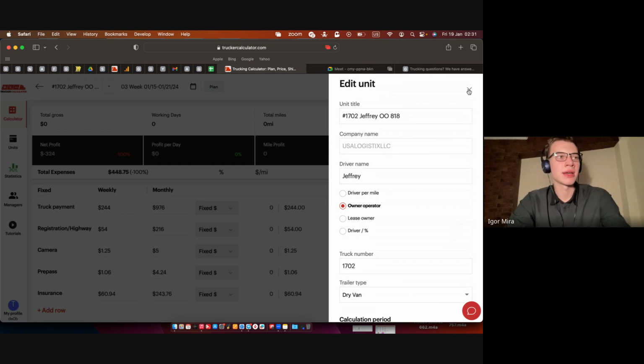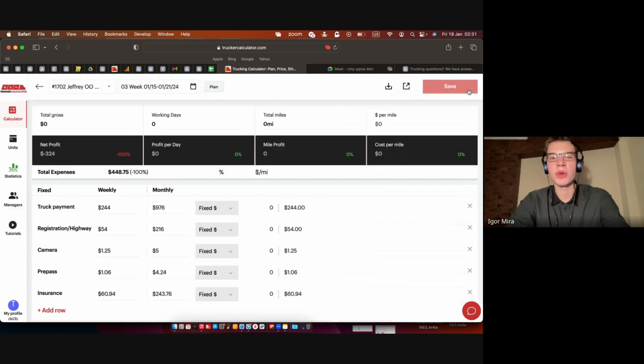That's simply because when you do weekly calculations, you can spot mistakes in your financial operations earlier. For example, if you track monthly, you will notice that this driver spends more on fuel than others when it's probably way too late. It might cost you a few thousand dollars more, right?